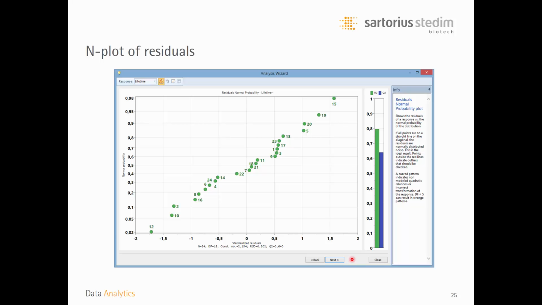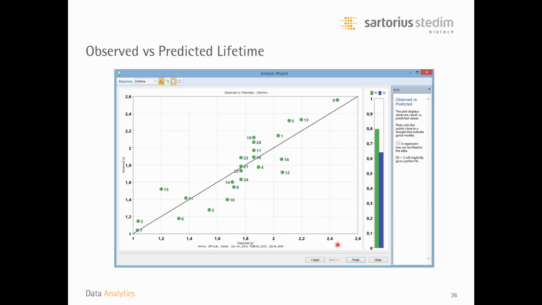And ideally, when we are eyeballing and fitting a line to the points, we should obtain a line which will go through the anchoring point, 0 residual and 0.5 probability. So again, we have an indication of a very good model, because there is no systematic structure to the residuals, which is the desirable pattern.